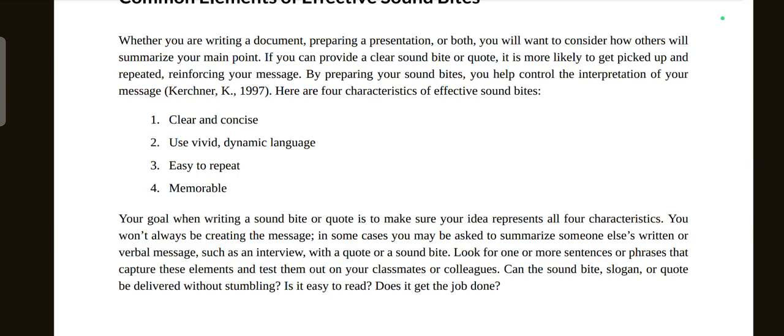So your goal when writing a sound bite or quote is to make sure that your idea represents all four characteristics. So in sound bites, we won't always be creating the message, because in some cases we may be asked to summarize someone else's written or verbal messages, like an interview, with a quote or a sound bite.